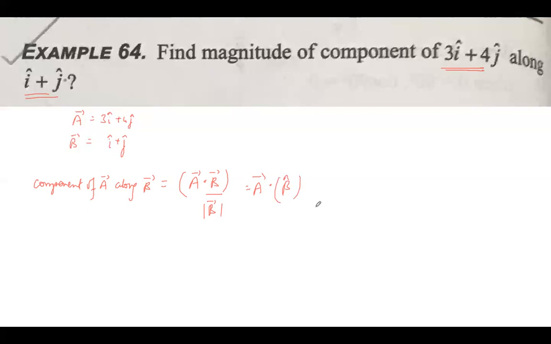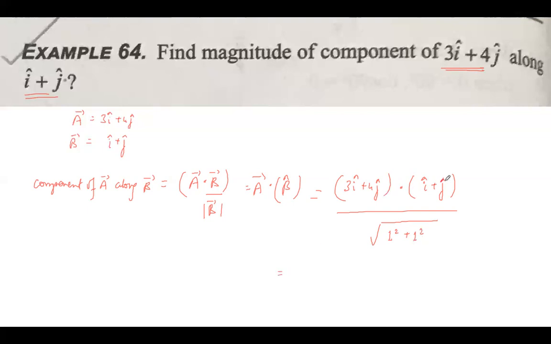So A dot B by the magnitude of B: 3i plus 4j dot i plus j, divided by the magnitude of vector B, that is root of 1 square plus 1 square.